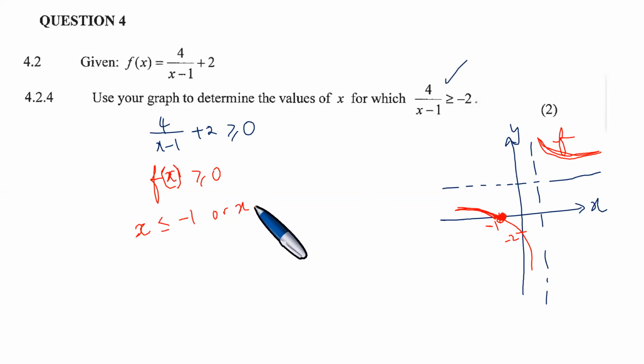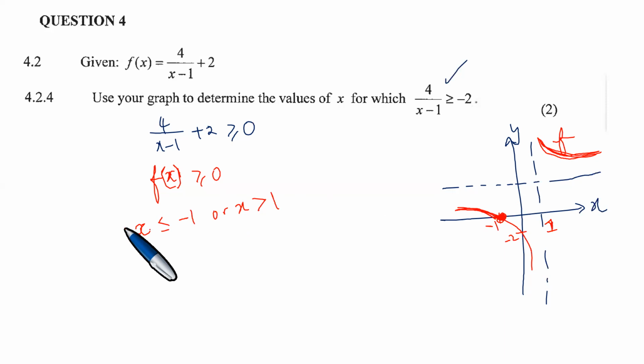So x is actually, because it's 1 here, so x is bigger than 1. Okay, because when x is bigger than 1, the graph is here. When x is equal to -1, less than that, it is there.